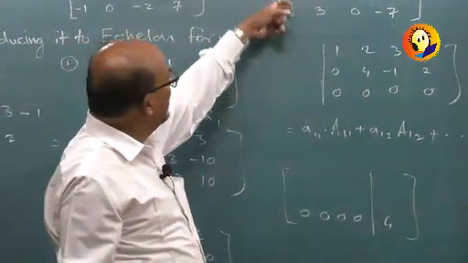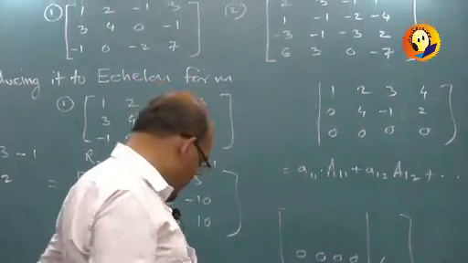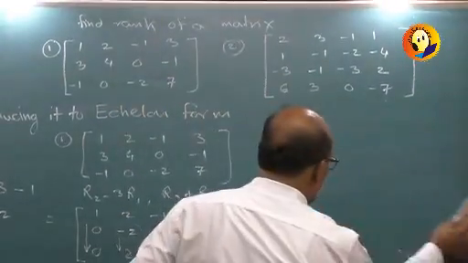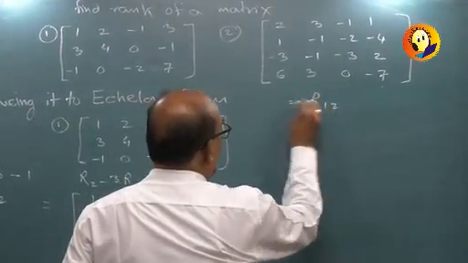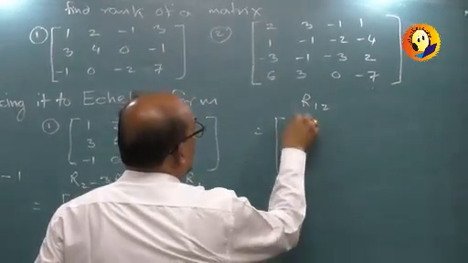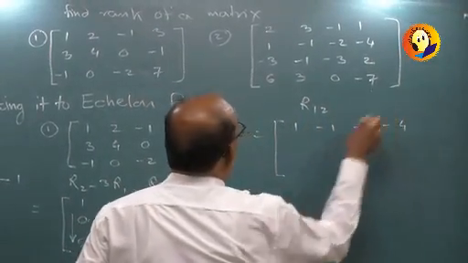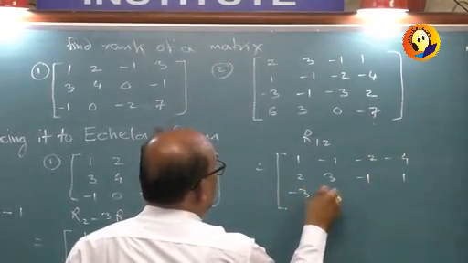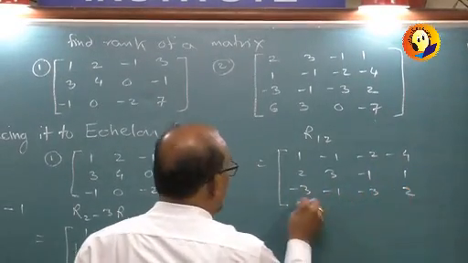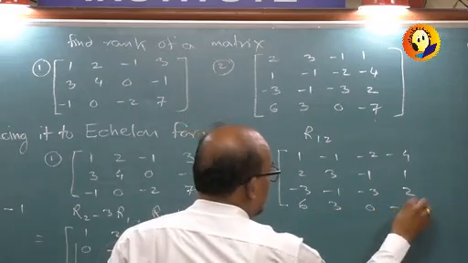Now while solving, I will probably first interchange 2 rows. So my task could be simple. It will be R12, and it will be 1, minus 1, minus 2, minus 4, 2, 3, minus 1, 1, minus 3, minus 1, minus 3, 2, 6, 3, 0, minus 7.